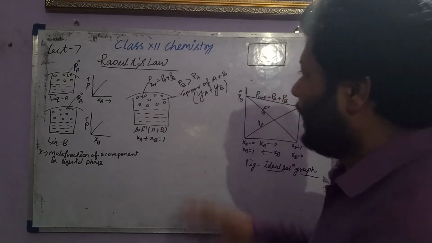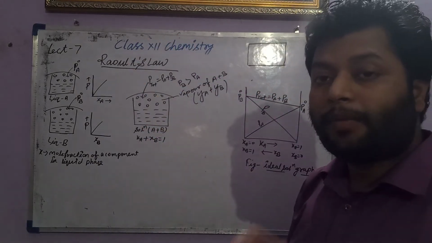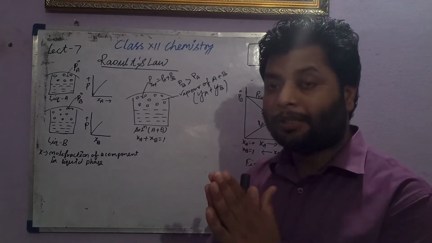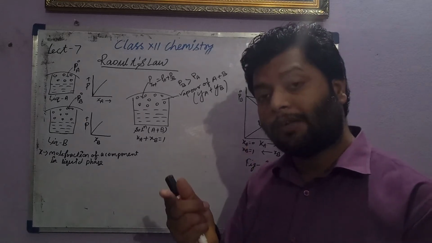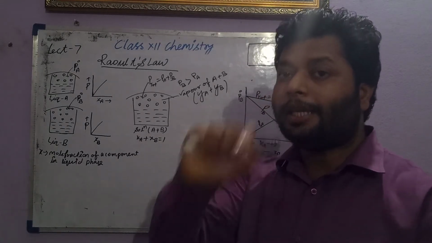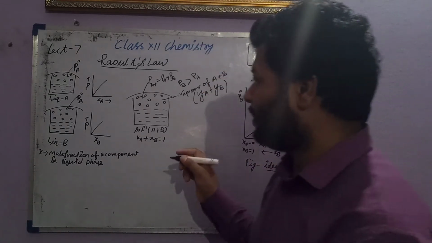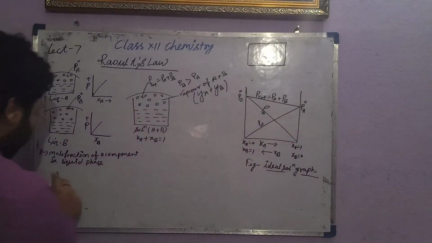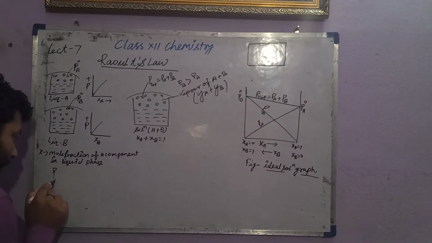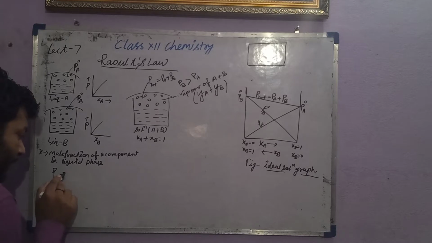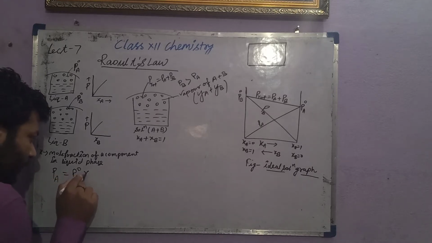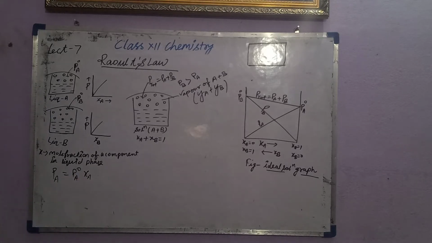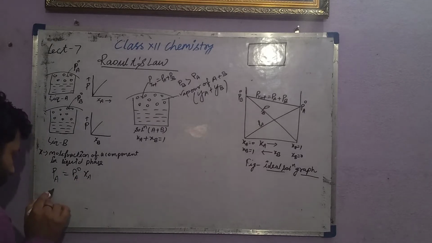Clear? Actually, Raoult's law gives a relationship between the partial pressure and total pressure of any given component with the mole fraction of that component in the liquid phase. The partial pressure of component A is the product of the vapor pressure of the same component with its mole fraction, and at the same time the partial pressure of component B will be similar.